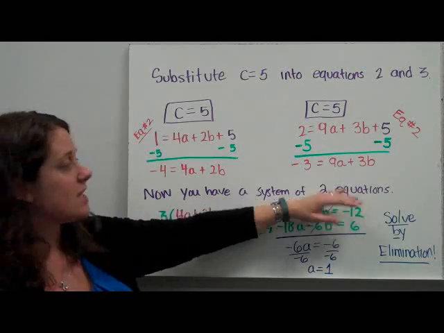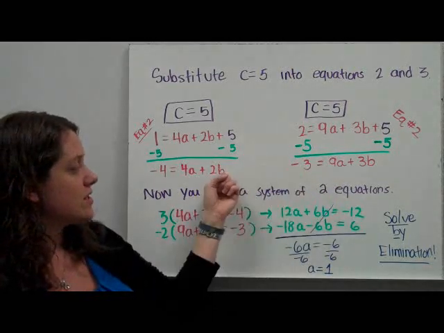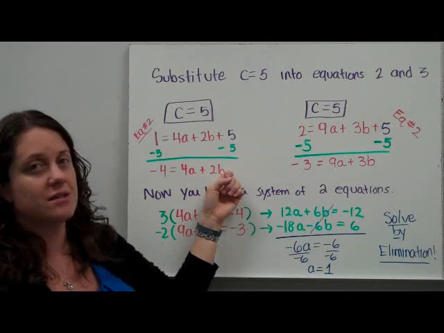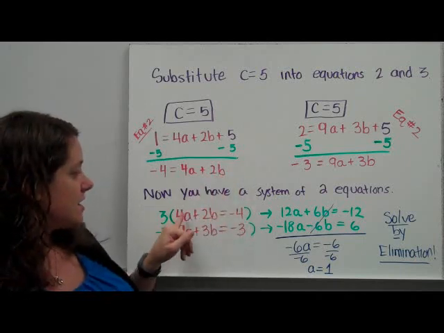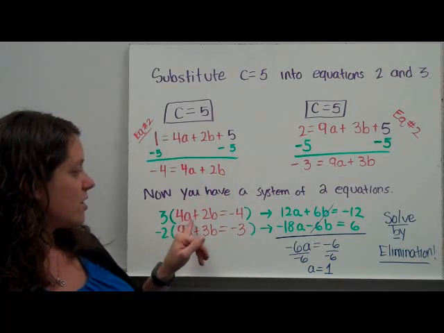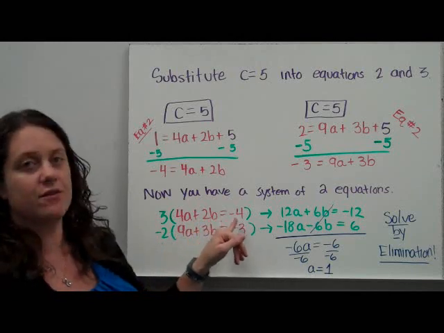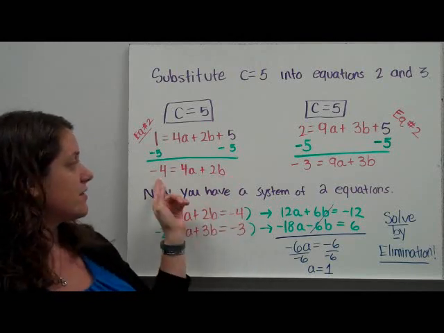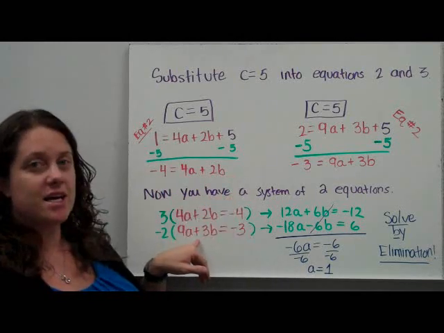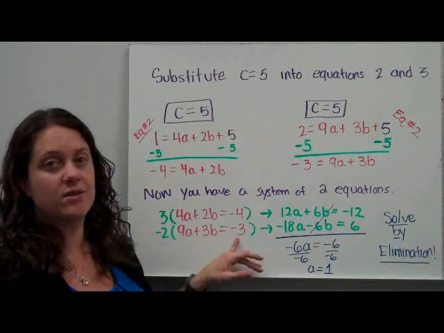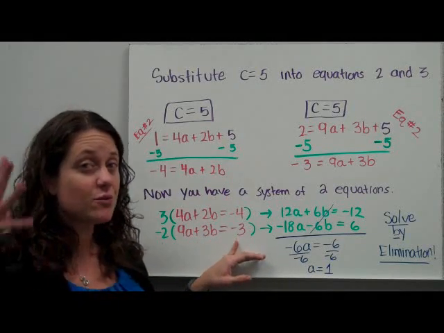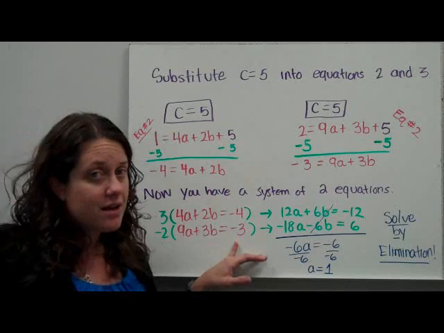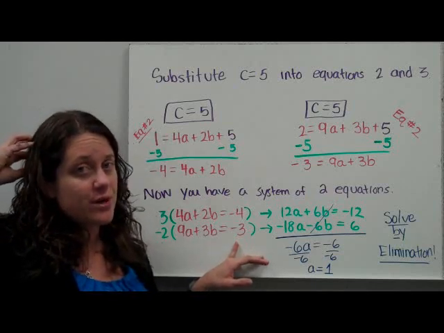Now that I've written this, I have 2 linear equations, and I'm going to solve that system. I write it here. In the pink are my 2 equations: 4a plus 2b equals negative 4, I just move this to the other side, and 9a plus 3b equals negative 3. Now you have to reach back in your head to where you've been storing systems of equations.